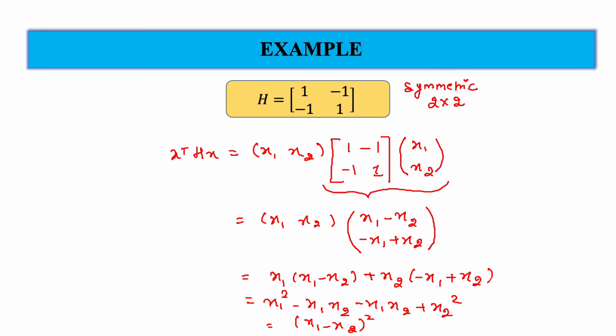So the square of any number will be greater than or equal to 0 for all x in R2.